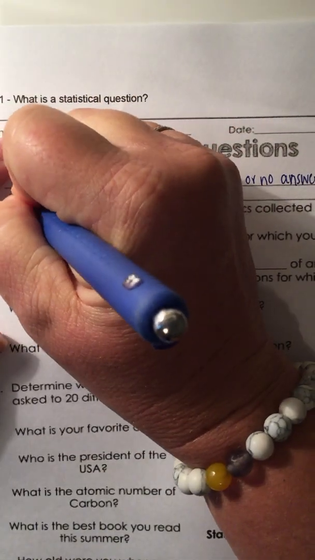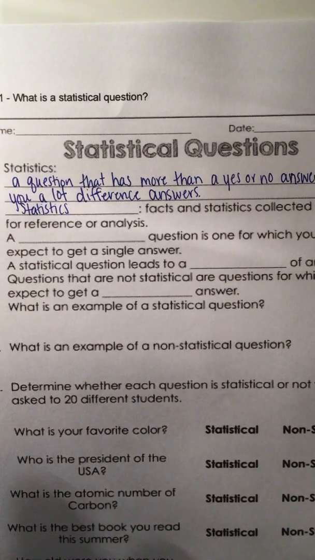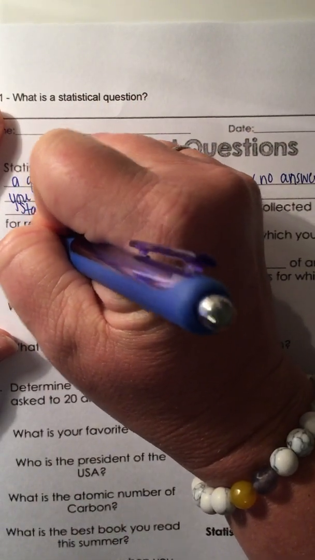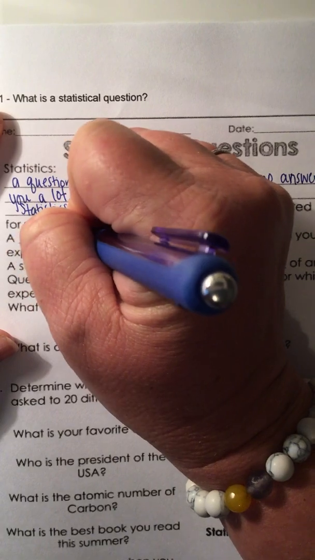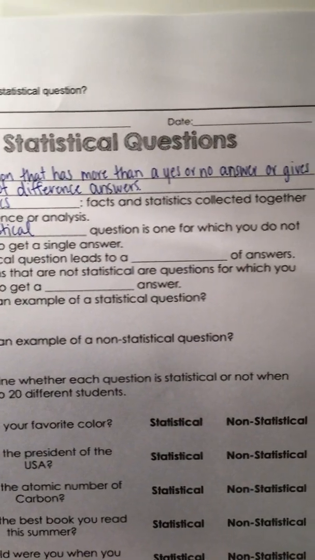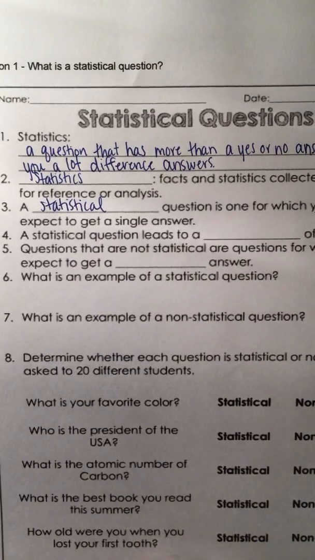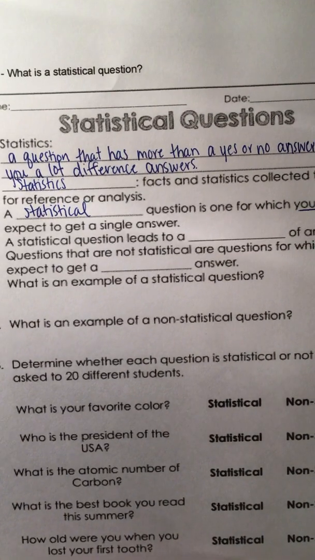So statistics are facts and statistics collected together for a reference or to be analyzed. A statistical question is one for which you do not expect to get a single answer. So you're expecting to get a lot of different answers.